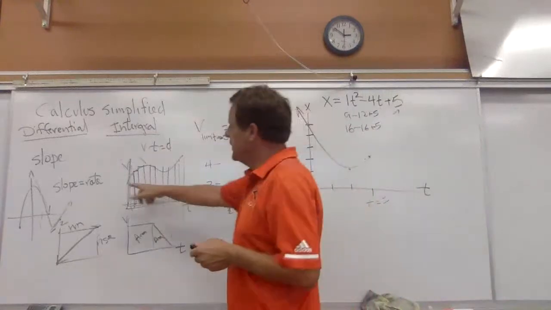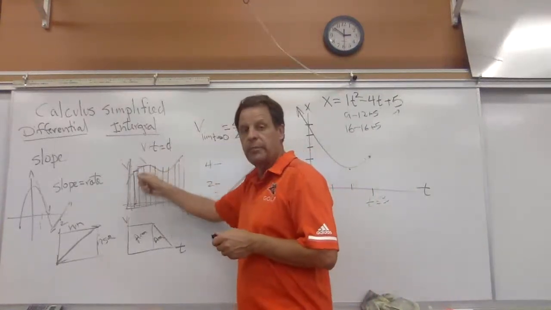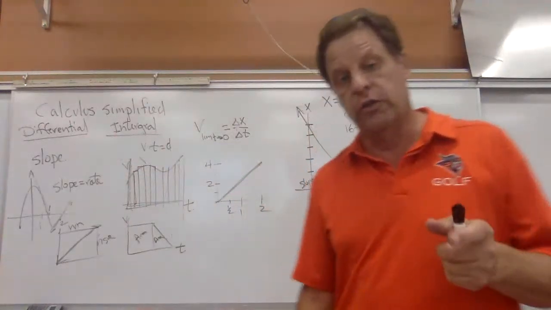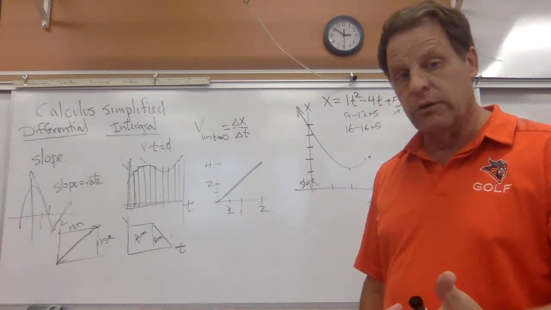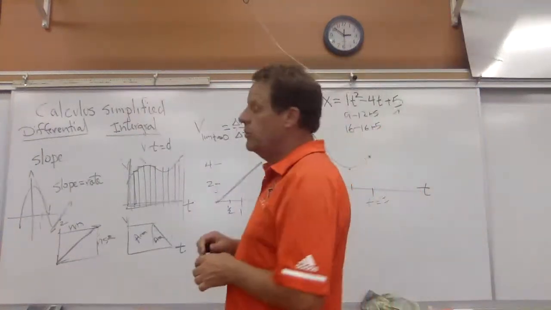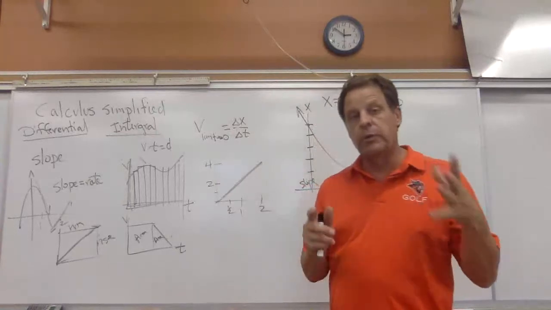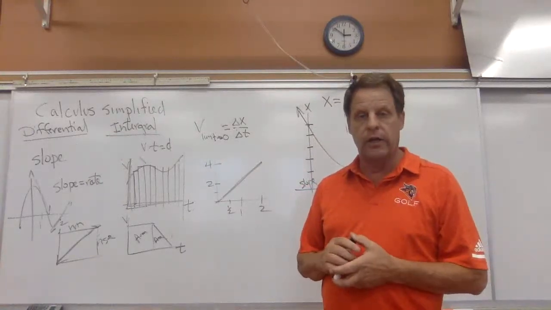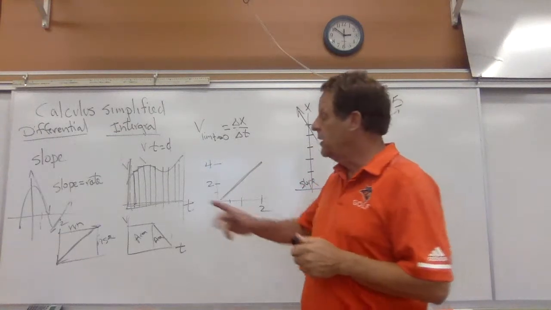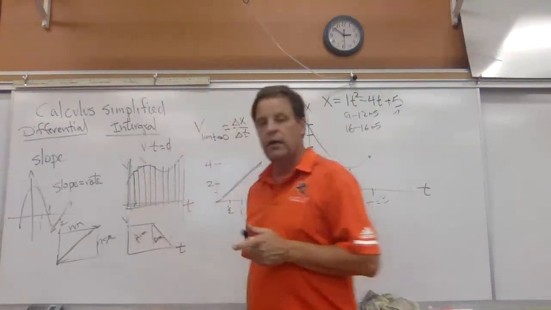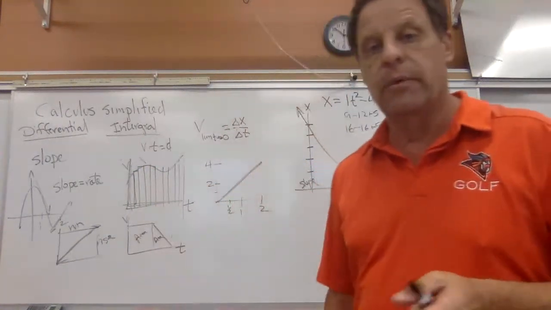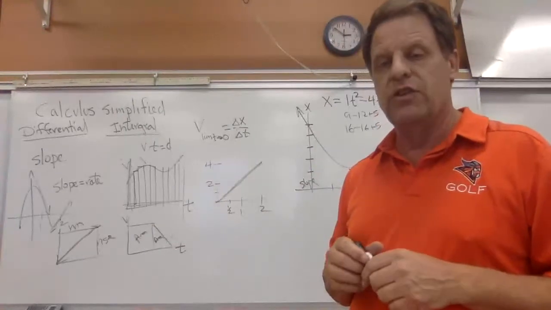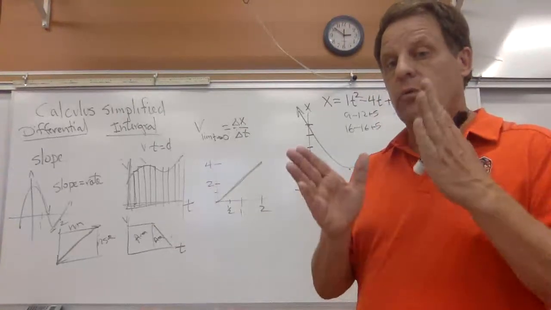Well, if we had something that was more complicated, a more complicated curve, and we wanted to calculate the area under that curve, then what we would do is approximate what the area is. In order to help us approximate, we would divide the shape underneath that curve into small little rectangles.